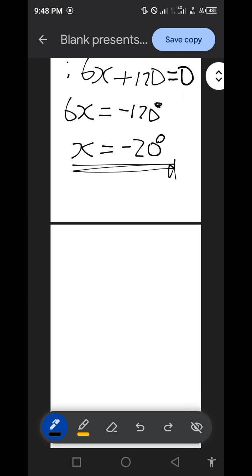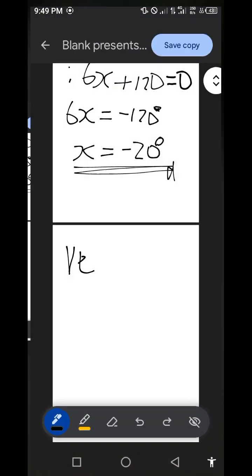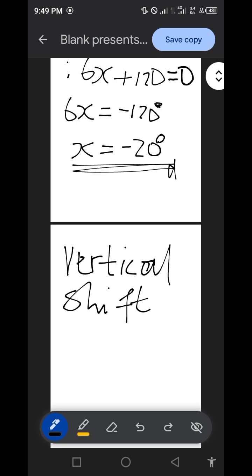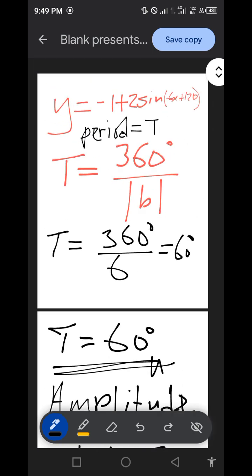Now we find the vertical shift. Vertical shift is the number seen away from the trig. You just pick the number attached to the trig.